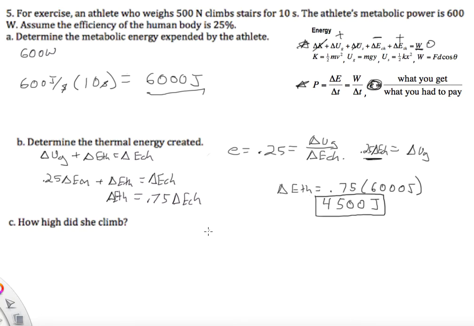Alright, so now we can figure out how high she climbed. So we know that she expended 6,000 joules of energy, and 4,500 of it became heat, or thermal energy. So how much of it became gravitational potential? So 6,000 expended minus 4,500 is going to equal 1,500 joules, which will be our delta UG.